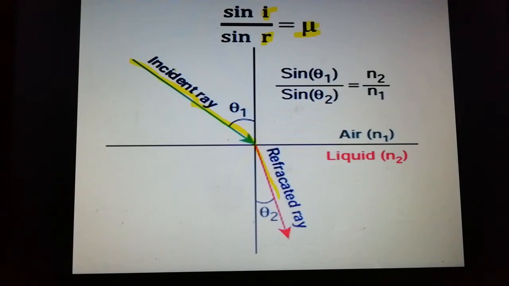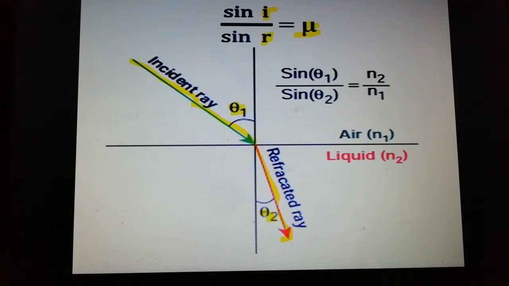So this is the incident ray and this is the refracted ray. Theta 1 is the angle of incidence, then theta 2 is the angle of refraction.